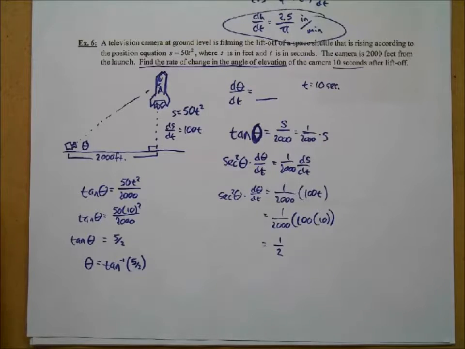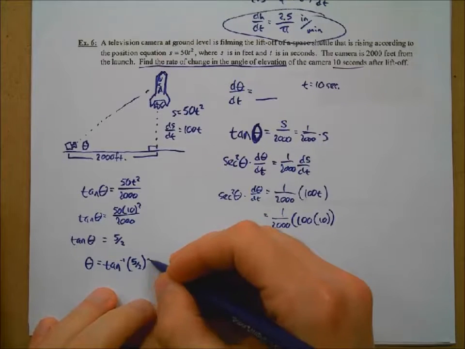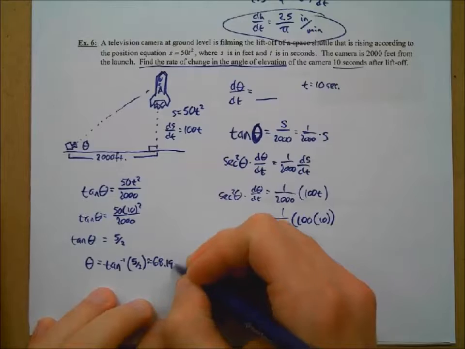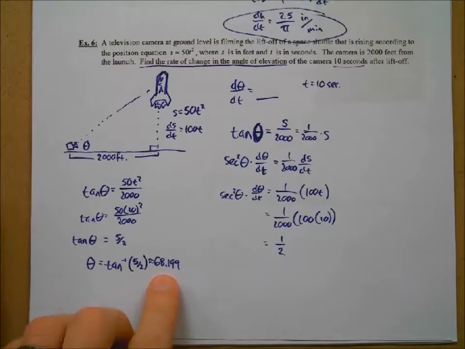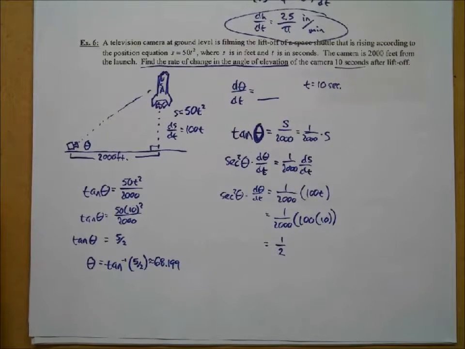So in degrees, I get about 68.199 if I round. So that is our theta at the instant of 10 seconds.